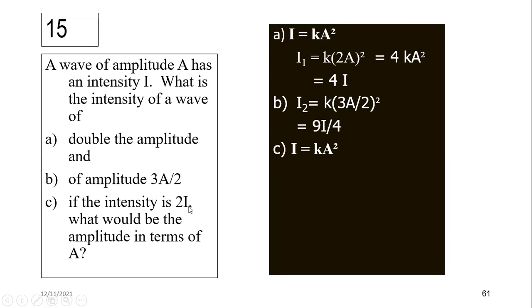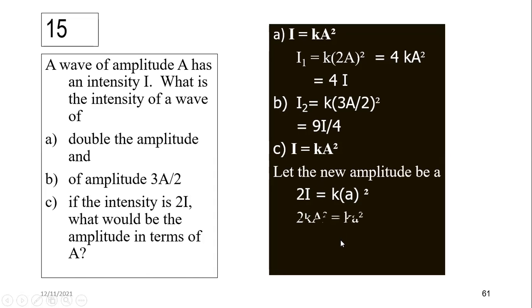And if the intensity is 2I, what would be the amplitude of the terms? Right? So that's a basic one. So let the new amplitude, there's a new intensity, new amplitude, A square, Ka square, I is that one.